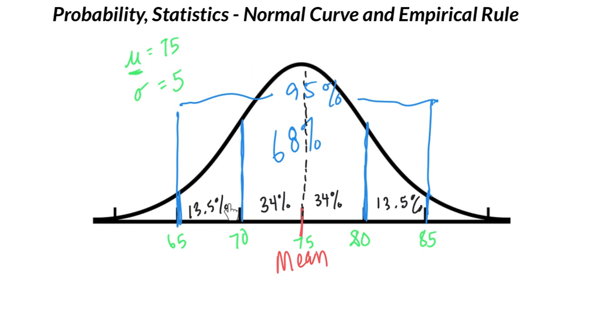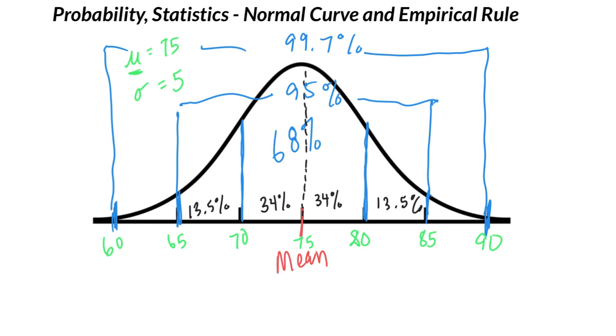The final number that goes with this empirical rule deals with 3 standard deviations away, so again, 5 more points, and 5 more points, like that. This percentage is 99.7%. So almost everybody. Okay, we're just missing that 0.3%.